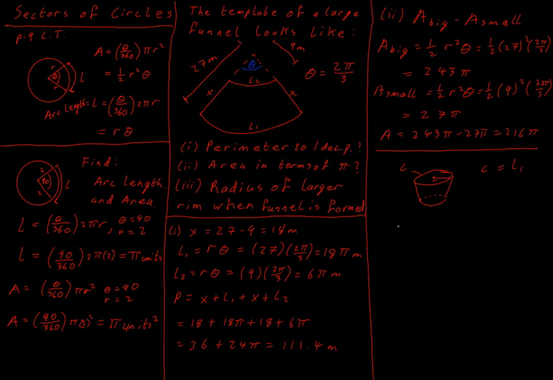So we know that 2 pi r, the radius we're interested in, is equal to L1, which we found to be 18 pi. So we rearrange and we get r is 9 meters. And that's what we need. This type of question is primarily about being able to visualize moving that shape around. And that is what we need for sectors.